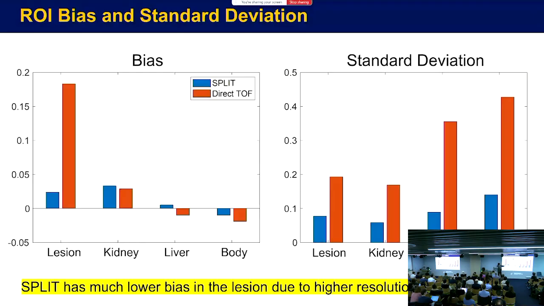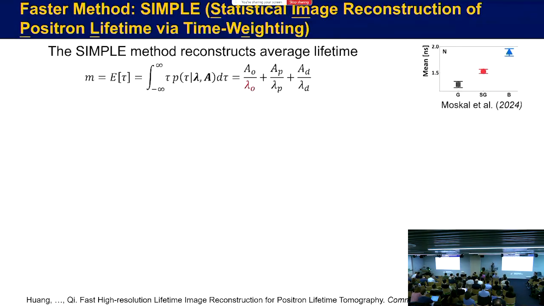But for the small lesion, you can see the traditional method has large bias because the resolution is limited. The prediction was right for that particular reconstruction method, but with our method, the bias is much smaller. And across all the regions, the standard deviation is much lower. Okay. So that's all good.